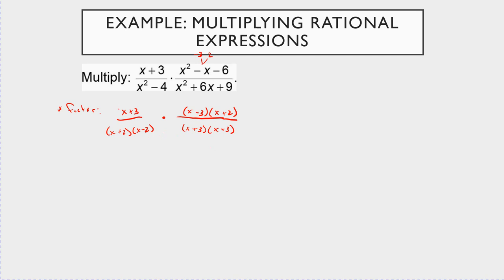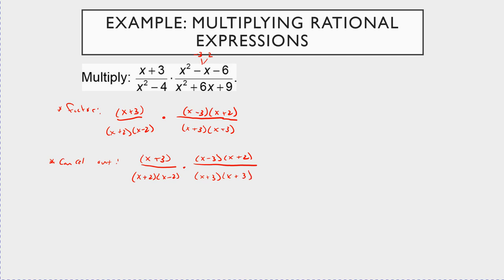All right, so now cancel out common terms. I'm just going to rewrite this so you can see it. So this is x plus 3 all divided by x plus 2 times x minus 2, times x minus 3 times x plus 2, all over x plus 3 times x plus 3.